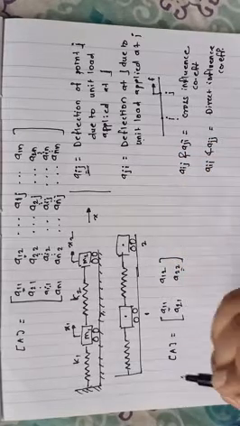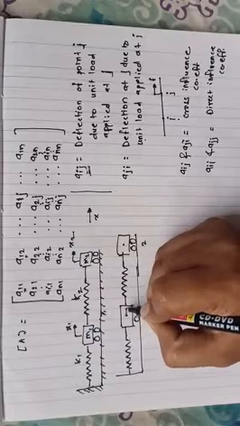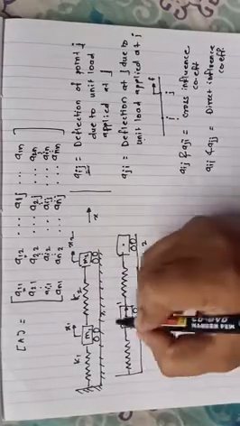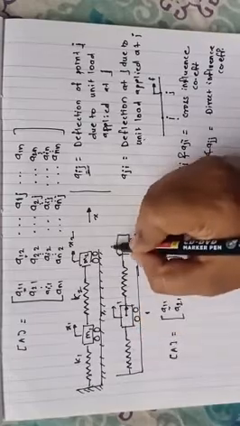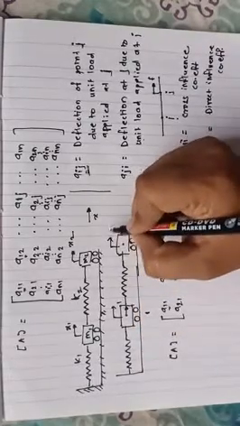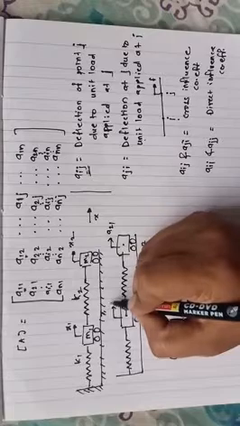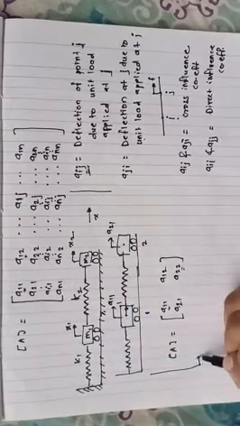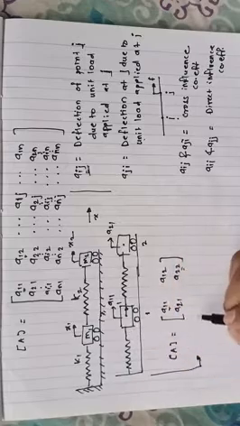So at first, suppose there is a unit load at point 1, and due to this there will be some deflections. This deflection will be A21 and this deflection will be A11. So we will draw the free body diagrams.